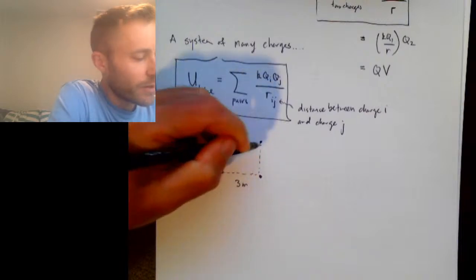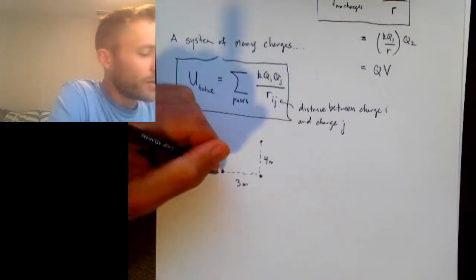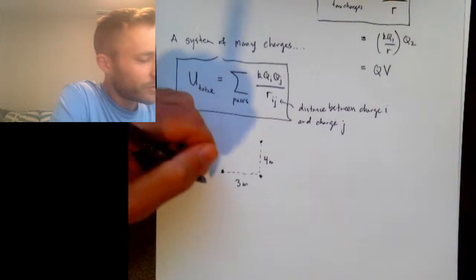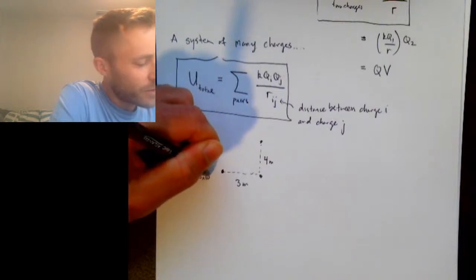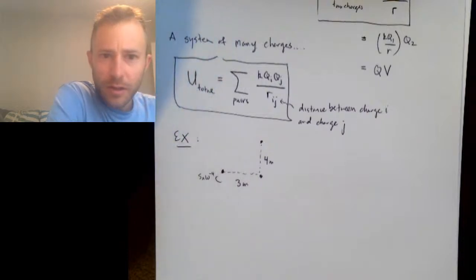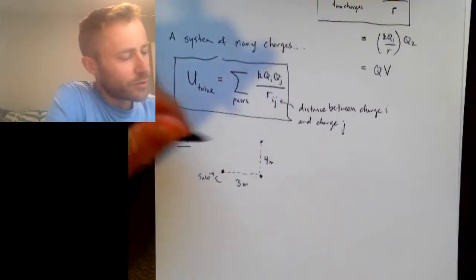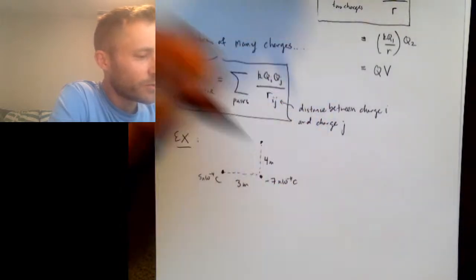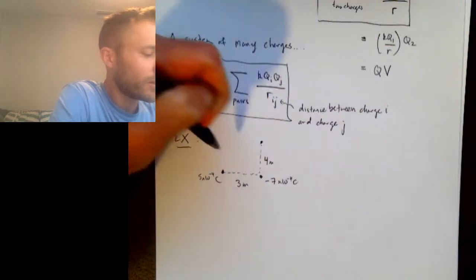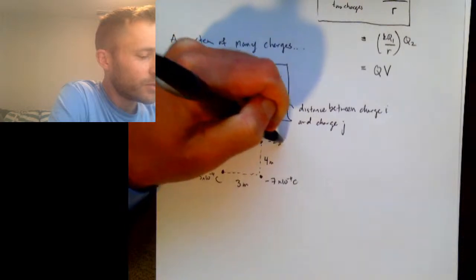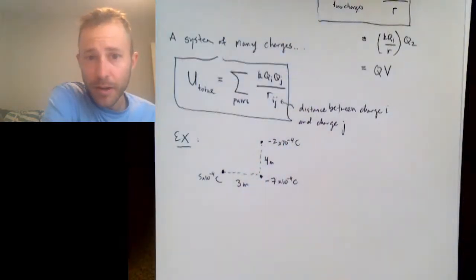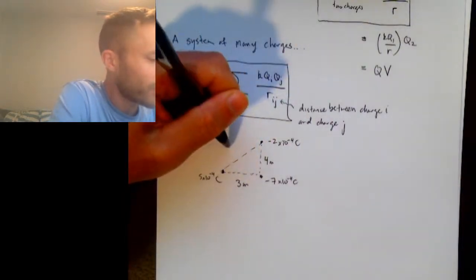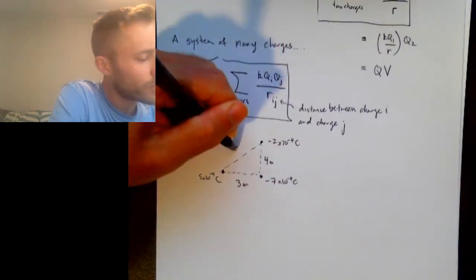This distance right here is 4 meters. Let's say that this charge is 5 times 10 to the minus 4 coulombs. Let's suppose that this charge is negative 7 times 10 to the minus 4 coulombs. And let's suppose that this one is minus 2 times 10 to the minus 4 coulombs. Okay? And by the way, because this is a right triangle, this is a 3, 4, 5 triangle. So this is 5 meters.